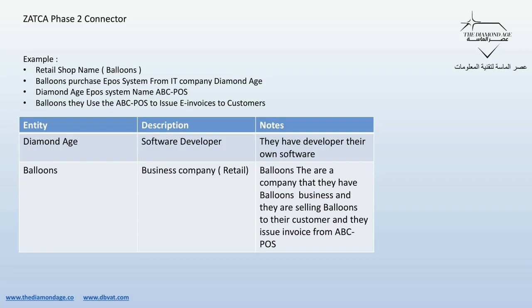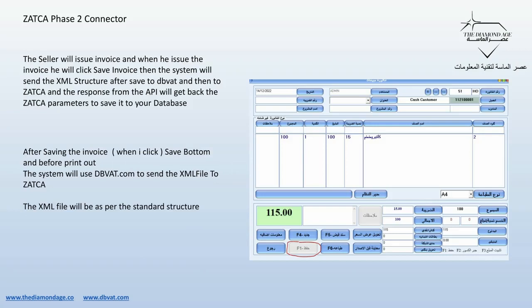All the IT companies and developers have their own software, which is installed at their clients. These clients use their POS to issue the e-invoice.